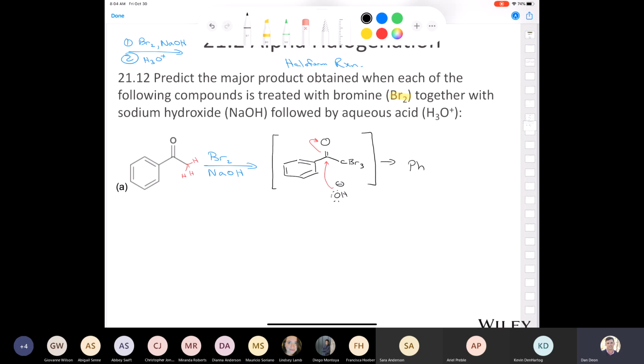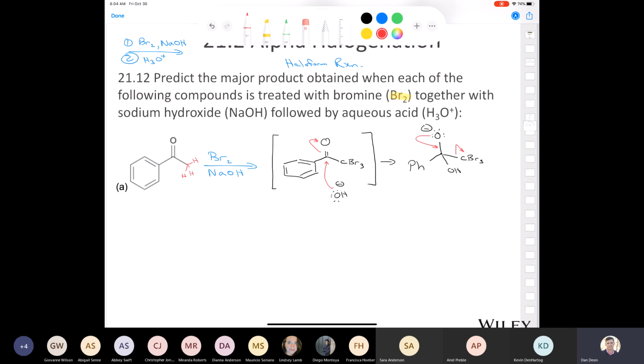I'm just going to draw Ph as an abbreviation for my aromatic ring. I'm going to have the oxygen with a negative charge on it here, my carbon with my 3 bromines attached, and then my hydroxyl. And then I'm going to lose this carbon-based group here.